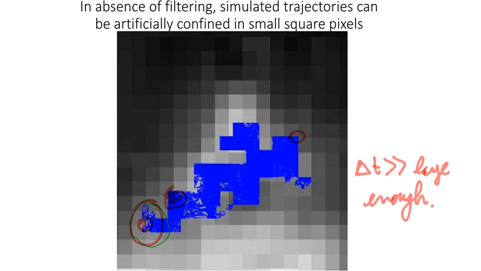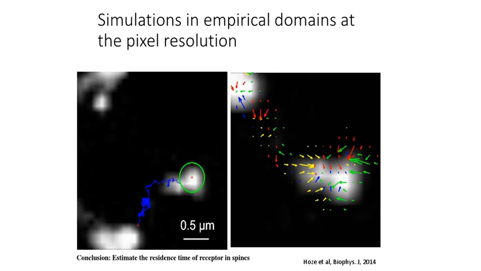So again, in the absence of filtering and this information about having a delta t not too small, you can get artificial confinement in small square pixels. So now this is an example where everything works very nicely.